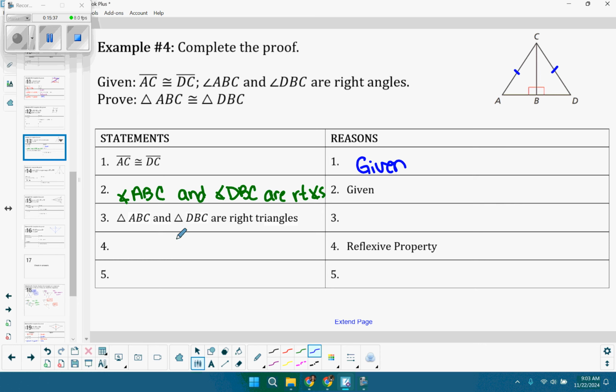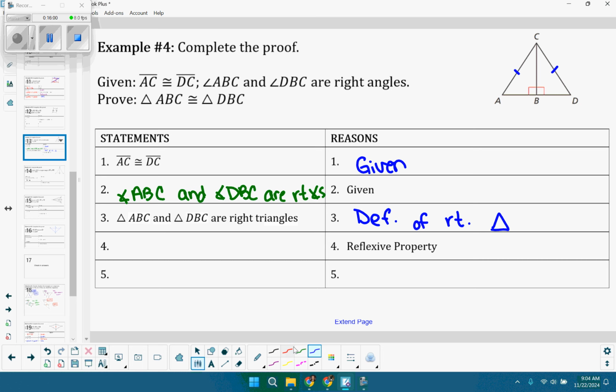So in the next step where I say that I have right triangles, I'm saying that because I had right angles. So that is actually the definition of right triangle. So we call something a right triangle if it contained a right angle.